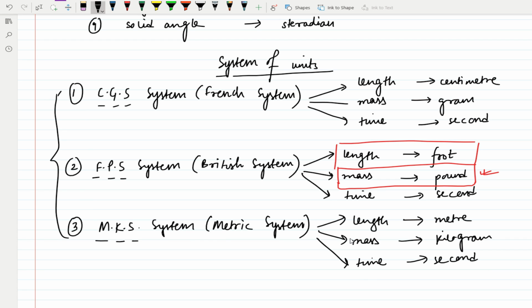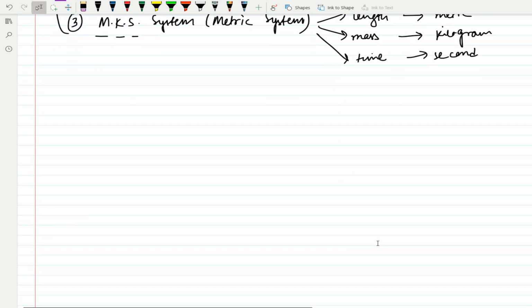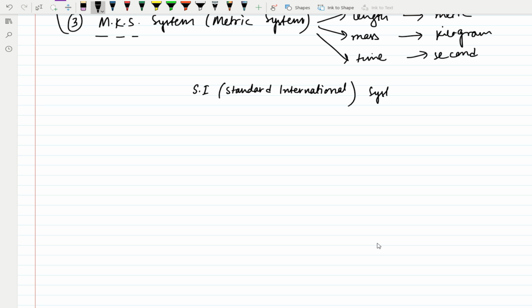So the new standard system is called the SI system, or better known as the Standard International System. This is also known as System International de Units.